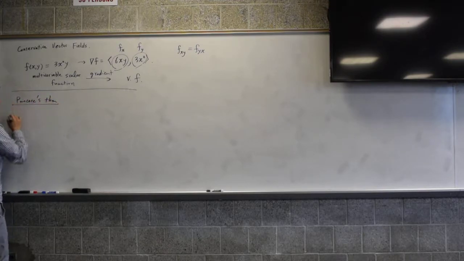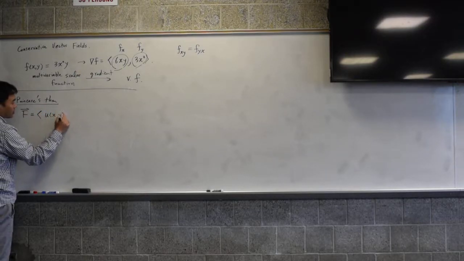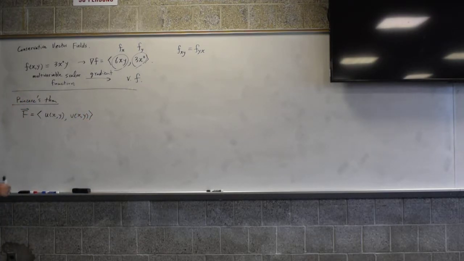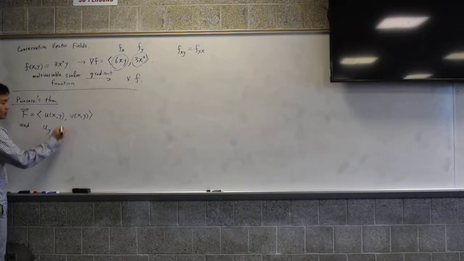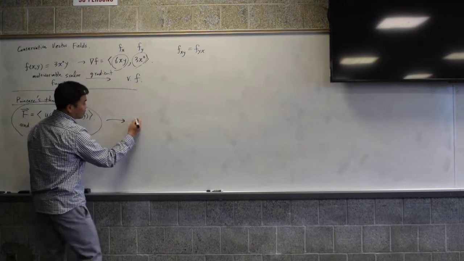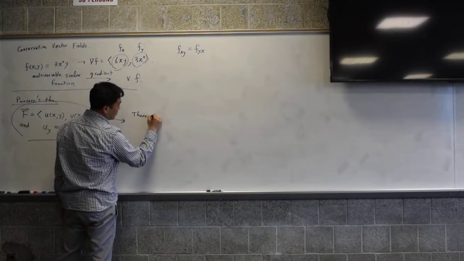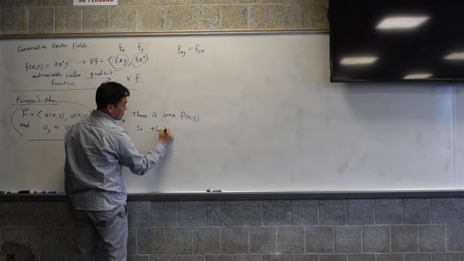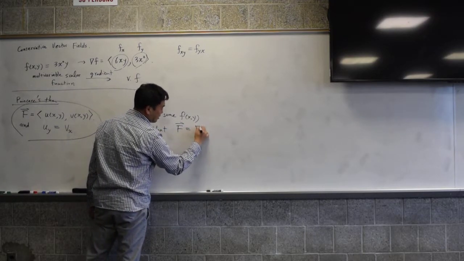He said that if a vector field is given as two functions u(x,y) and v(x,y), and if you take the first and differentiate by y, and take the second and differentiate by x, and they're equal to each other, then there is some f(x,y) so that the given vector field is the gradient of f.